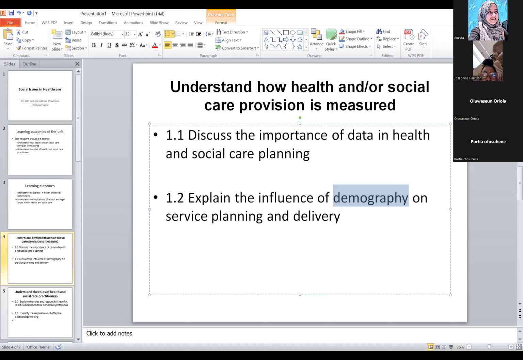Is it not something to do with illustration of records? Yes. So you can call it a study, and demos means people. It's a Latin or Greek word, I'm not sure, I'll have to check that. But demos means people and graphy means the study. So it's the study of people. With demography, you have changing demographics like ages.